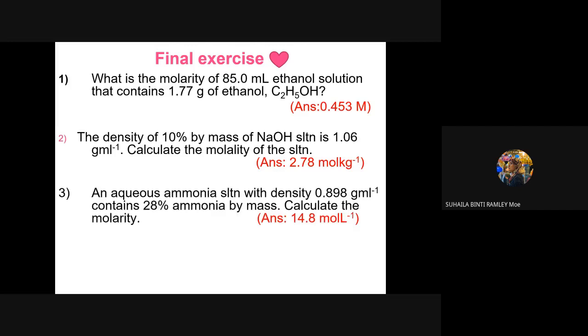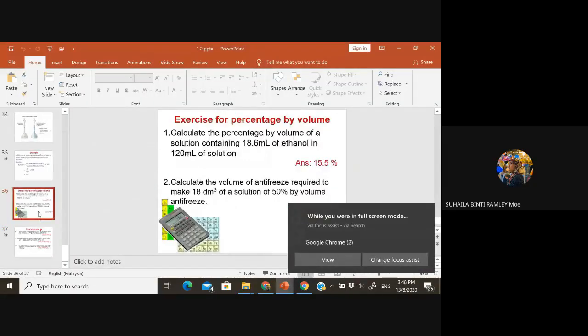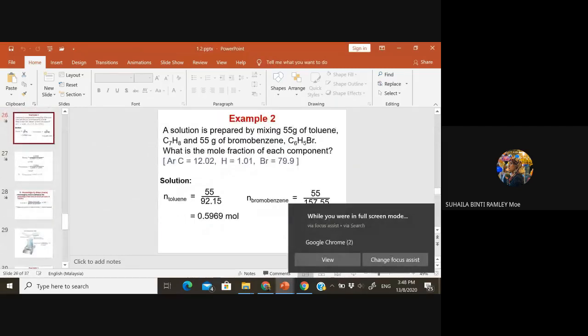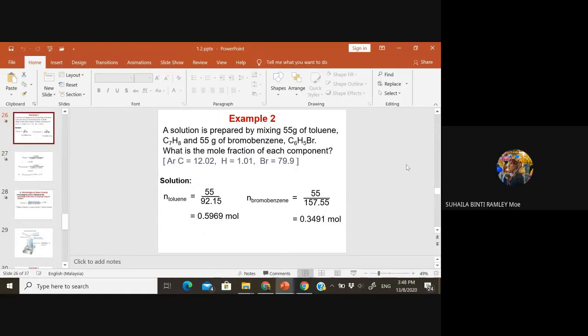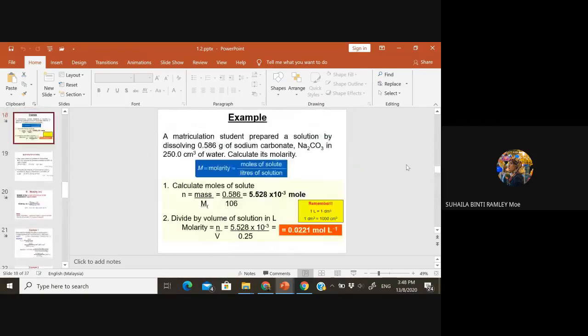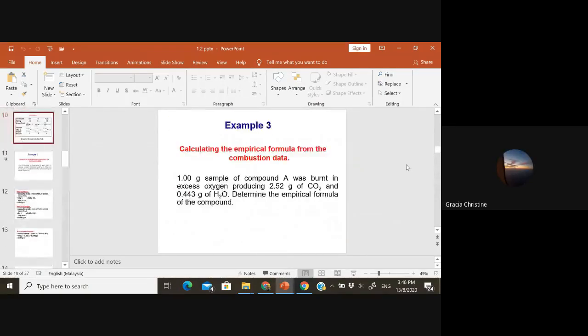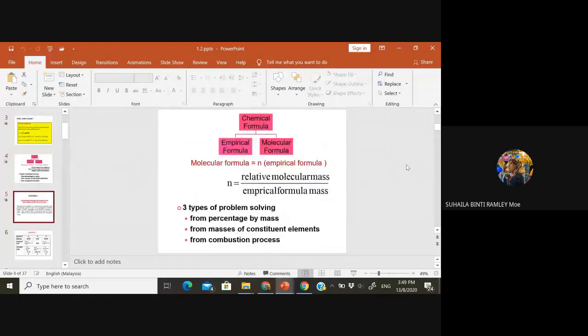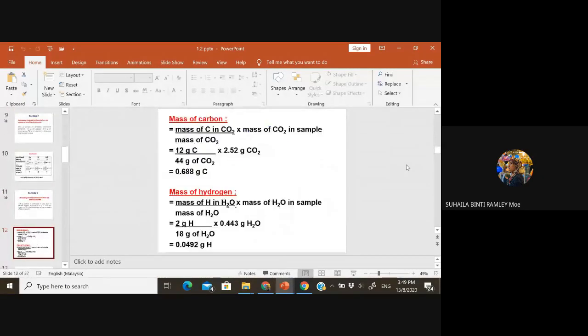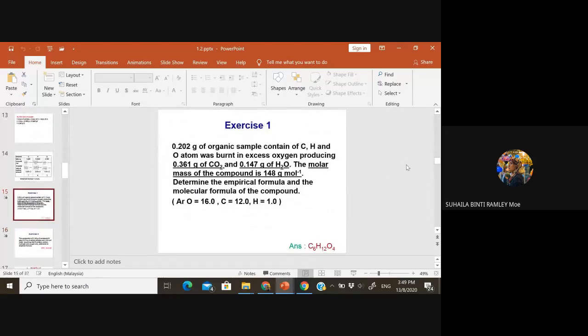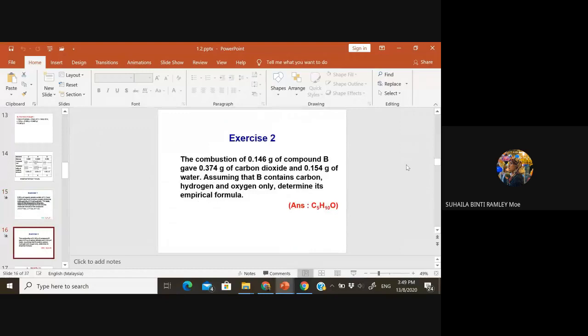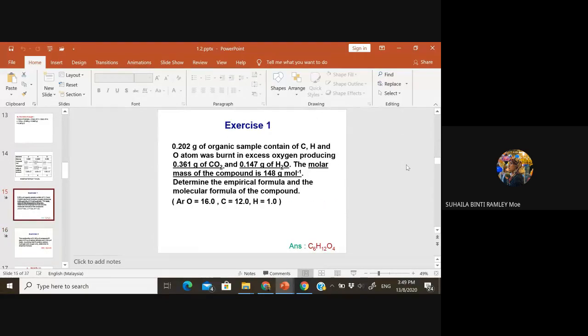How many exercises in total do we need to do? Not so many. We have the weekend, no work to do. We start with exercise 1 and exercise 2 for empirical and molecular formula.